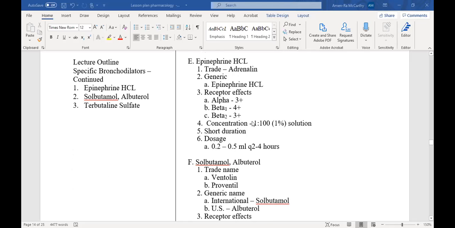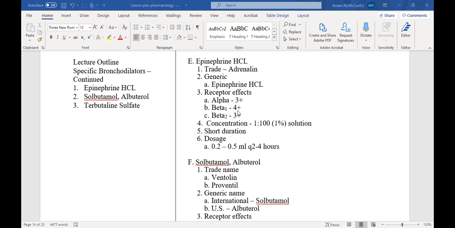And now we're at epinephrine HCl. Now epinephrine, this here, guys, is mostly an IV. This is a sympathomimetic drug that's an IV, okay? Trade name, adrenaline. Epinephrine HCl is liquid adrenaline, okay? Now look at the receptor effects. Alpha +3, that's giving us vasoconstriction.